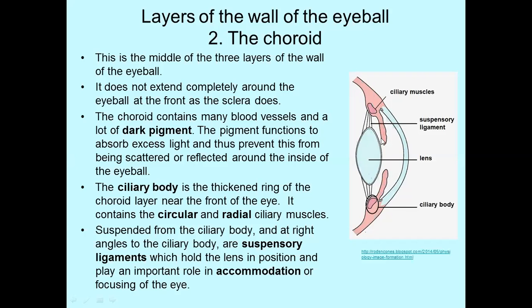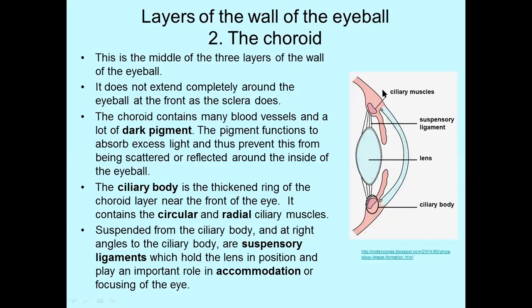So there's the iris. If I say to you, what color are your eyes? And you go brown, then you're talking about the color of the iris. The iris doesn't go to the middle, so there's a hole in the middle here, and that is called the pupil. All right. But we'll go back and we'll talk about the iris and the pupil later on.